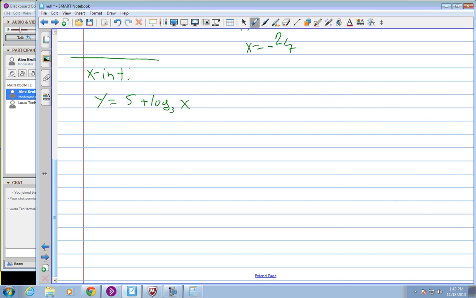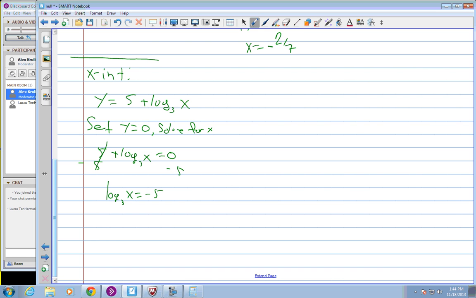Set y equal to 0. Regardless of the function, set y equal to 0 and solve for x. So your equation is 5 plus log base 3 of x equals 0. Well, how would we solve that? Subtract 5 from both sides. So you have log base 3 of x equals negative 5.